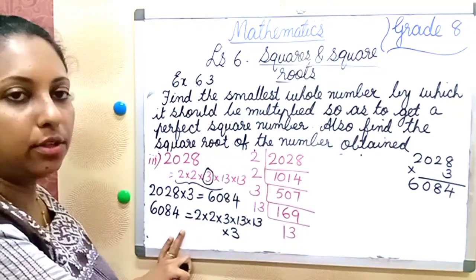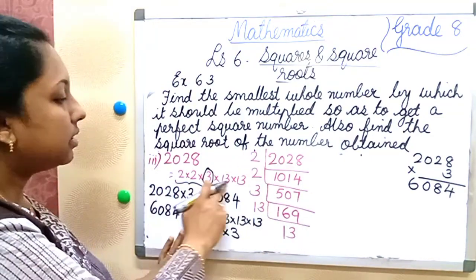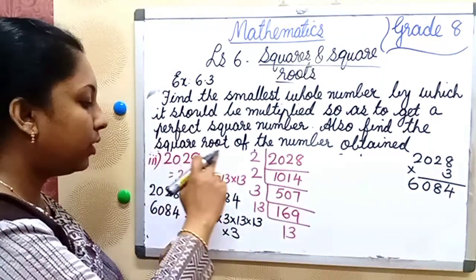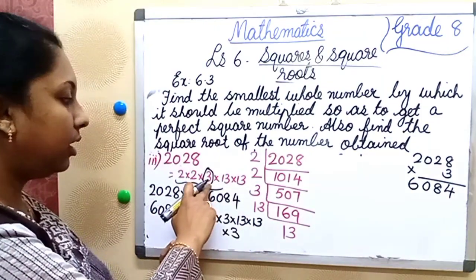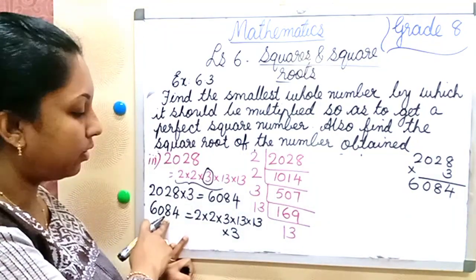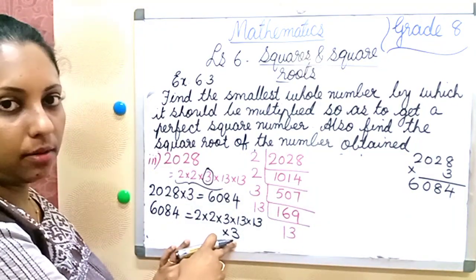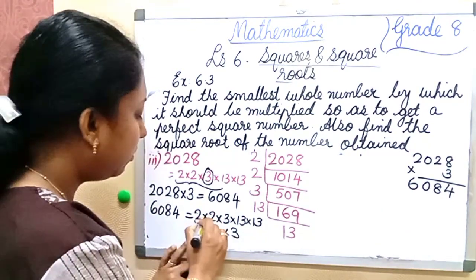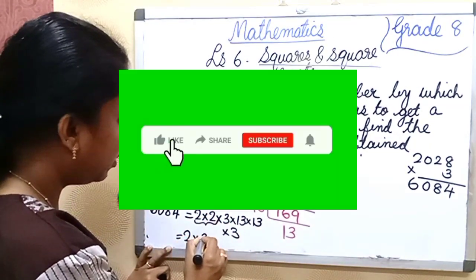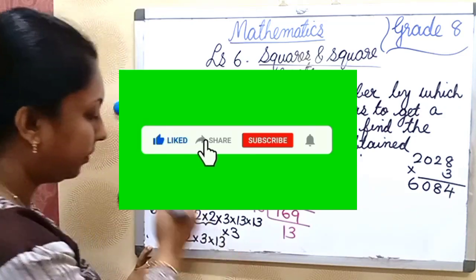Again and again, no need to factorize. So this number is 2028. When we multiply 2028 by 3 only, we got 6084. So one more 3 is extra, isn't it? So 2 into 2, one number we can write. Then 3 into 3, one number. Then 13.